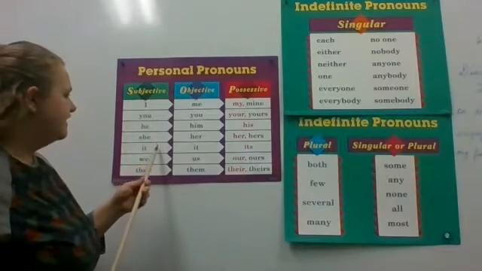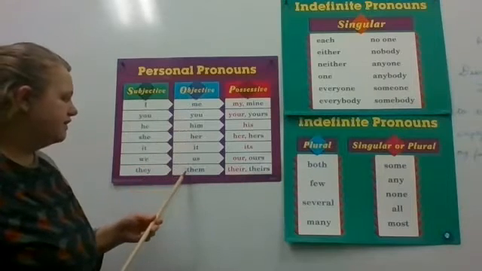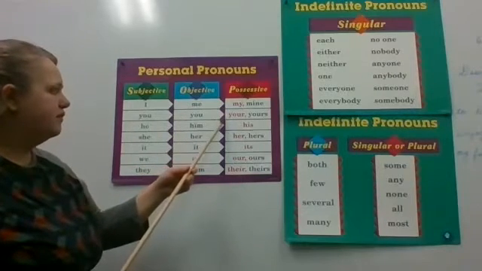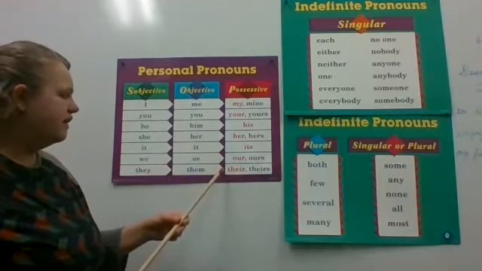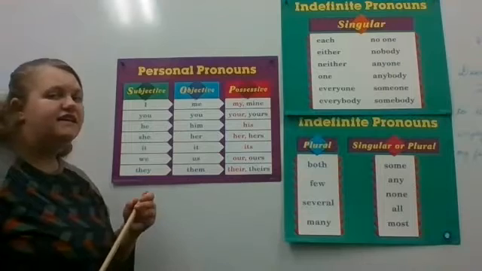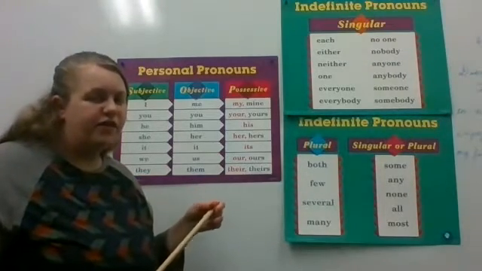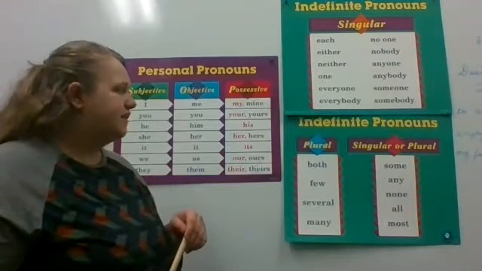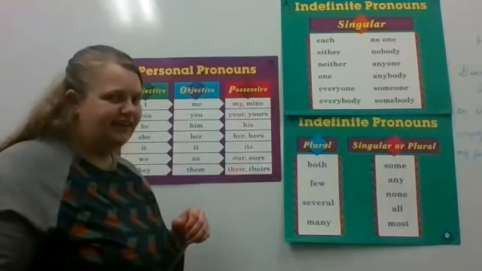I, you, he, she, it, we, they, me, you, him, her, it, us, them, my, mine, yours, his, her, hers, it's ours, theirs. These are the pronouns, and that is how they go.